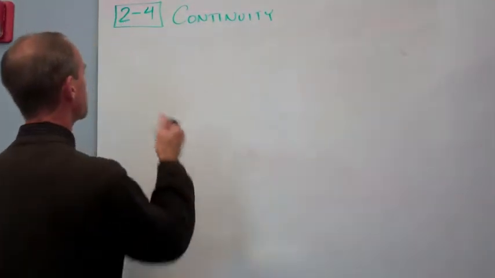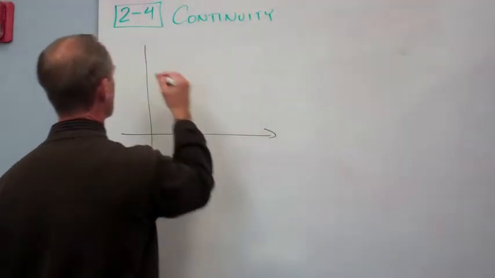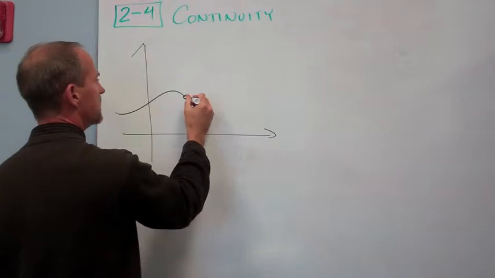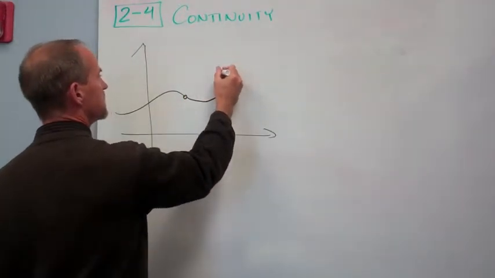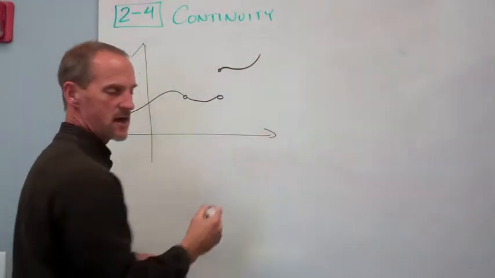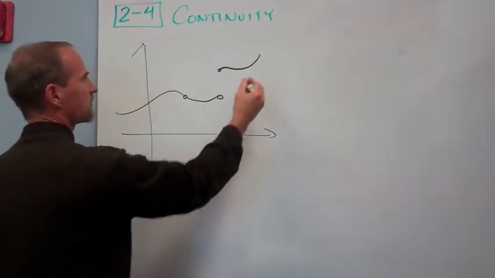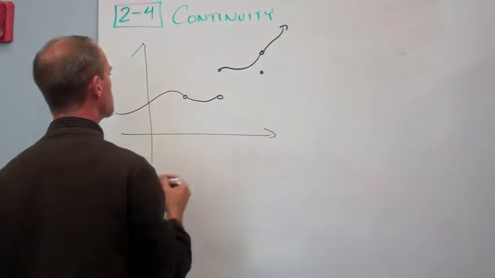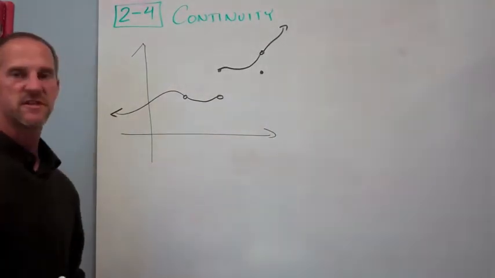If we have a graph and it does something like this, it goes along and it goes like this, and we have maybe another place like that. Okay. So where are the points of discontinuity?